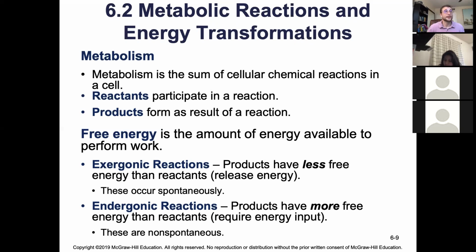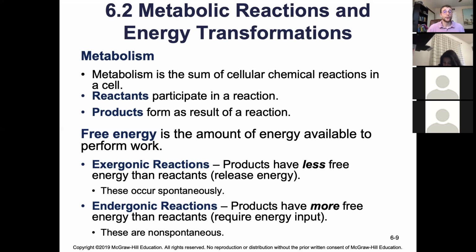So real quick, free energy is the amount of energy available to perform work. An exergonic reaction is a reaction that's going to release energy, and the end result is going to have less energy than the reactant.